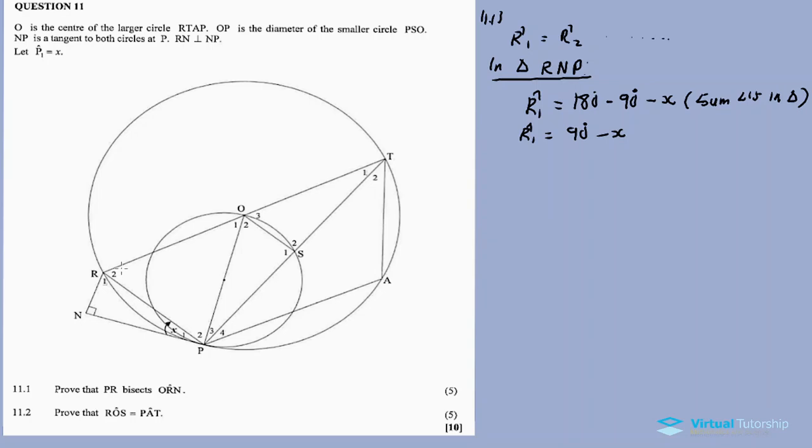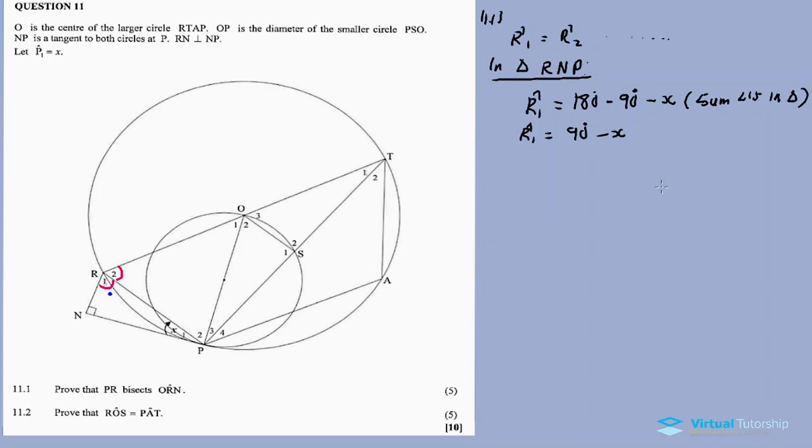So this is R1. Now we need to calculate R2. R2 must also be equal to 90 degrees minus X. So this is the challenge again: how do we calculate R2? We need to show R1 is equal to R2. Now that we have R1, we need to calculate R2. There are two ideas.